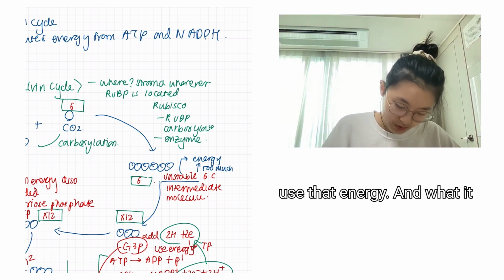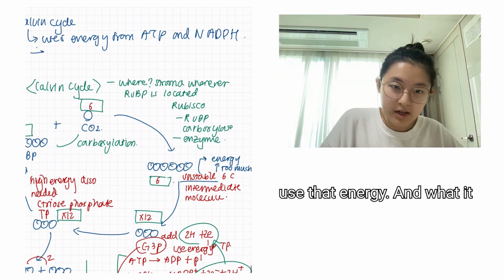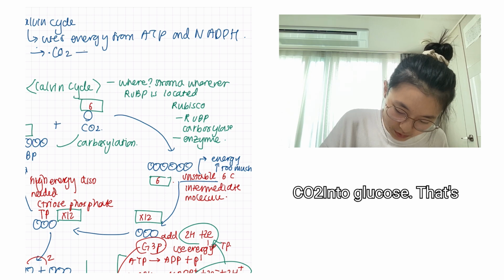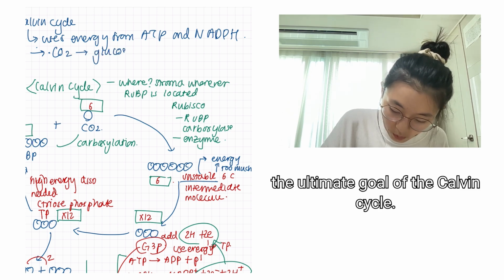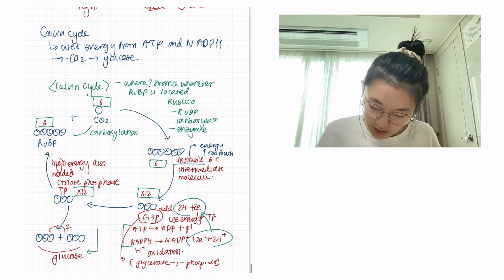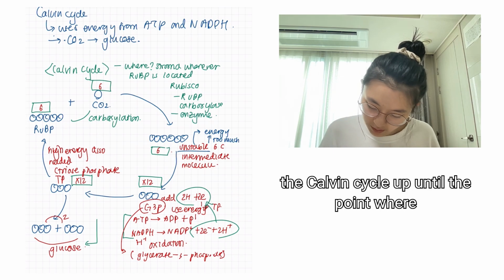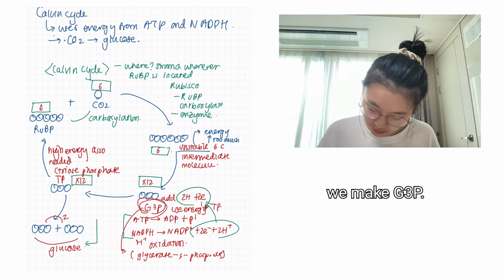And what it essentially does is convert CO2 into glucose. That's the ultimate goal of the Calvin cycle. And in this video, we will be exploring the Calvin cycle up until the point where we make G3P.